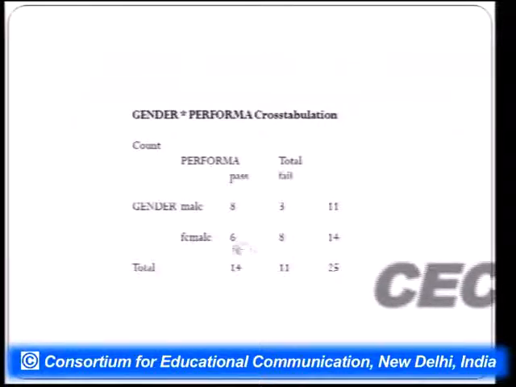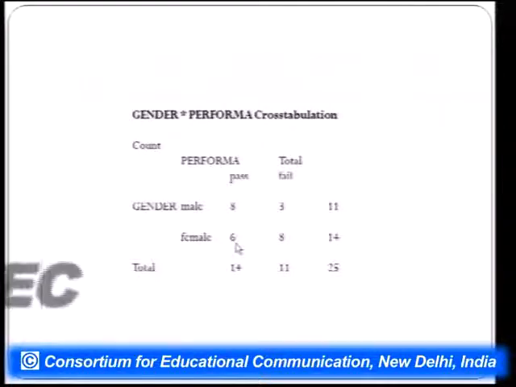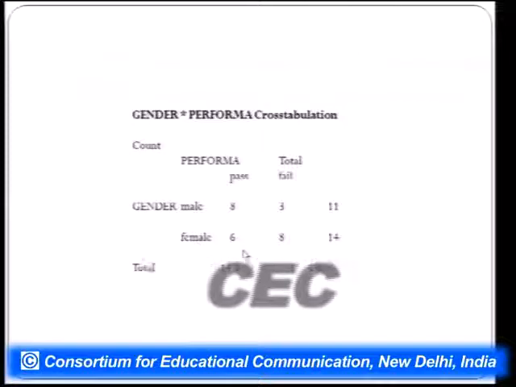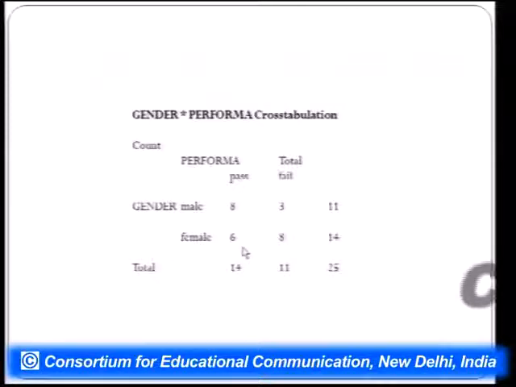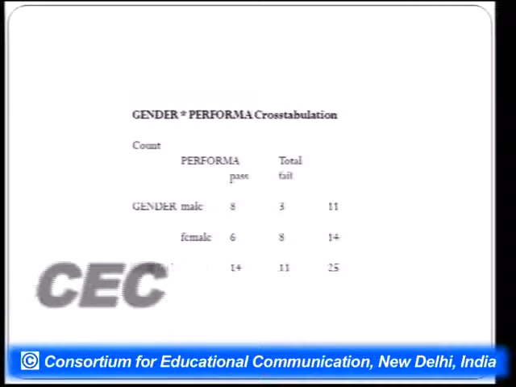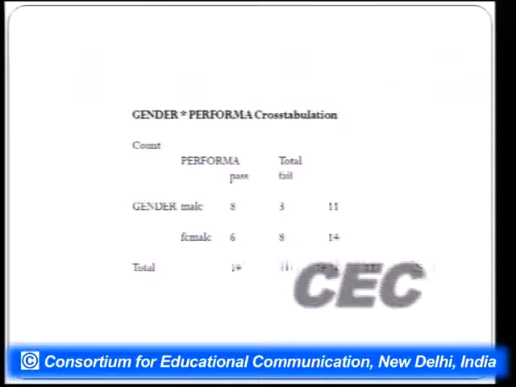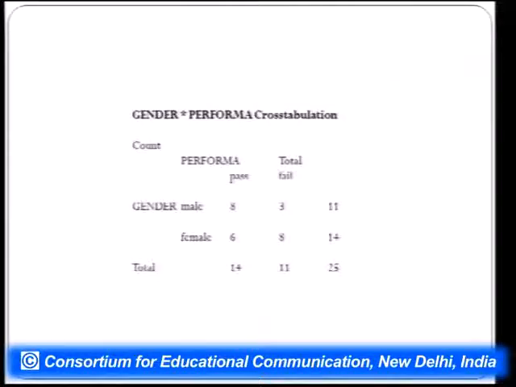However, in female, the pass percentage was lower. We can say that out of 14, only 6 passed. However, is this difference significant enough? That we need to do a testing of, which can be done by using chi-square. So even looking at the descriptive, we get some idea that perhaps males have performed better and perhaps gender has got something to do with the performance.